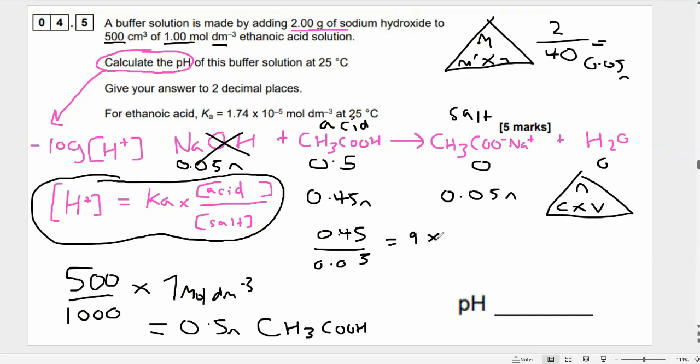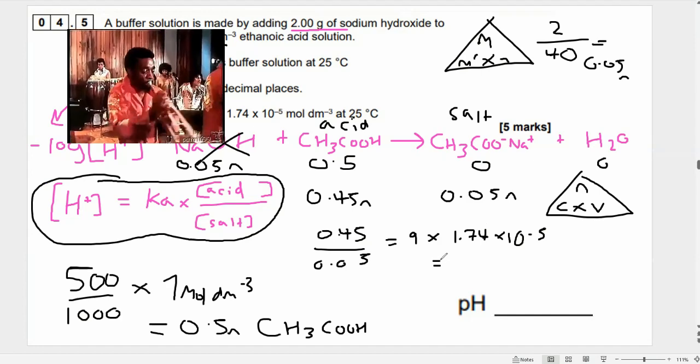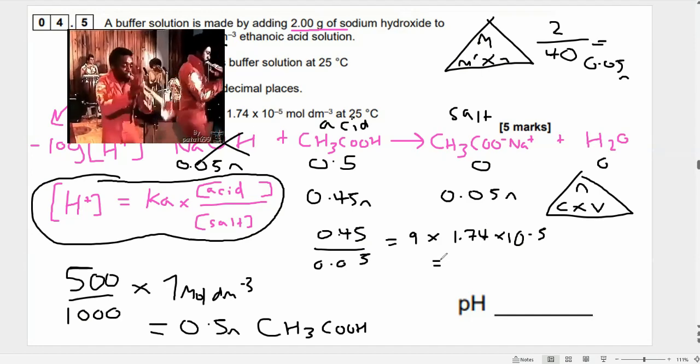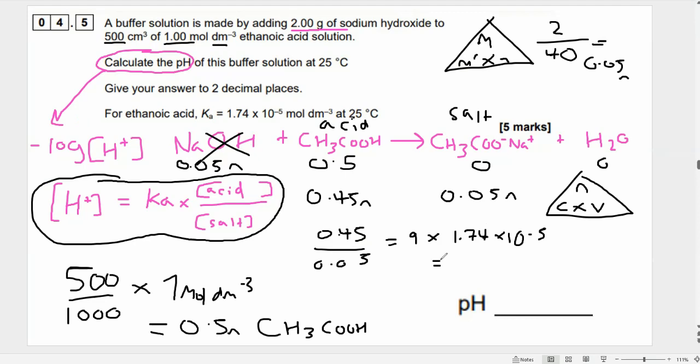You're going to multiply that by the Ka, which is 1.74 times 10 to the minus 5, and you're going to get your hydrogen ion concentration. Let me just quickly work it out. I've got to plug this in the calculator.